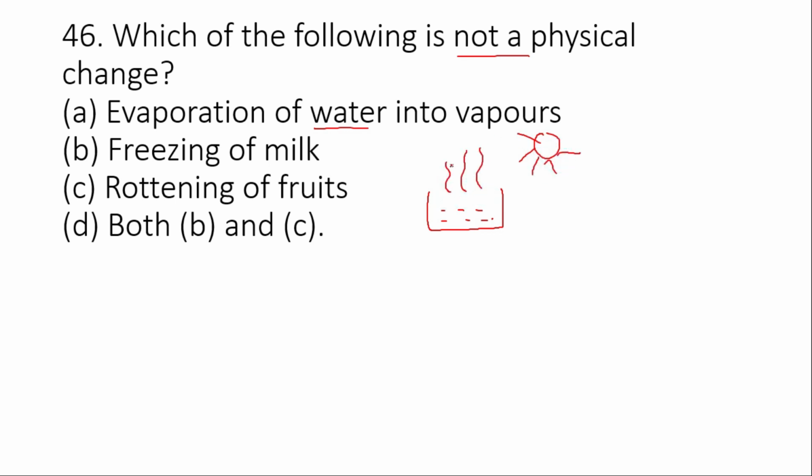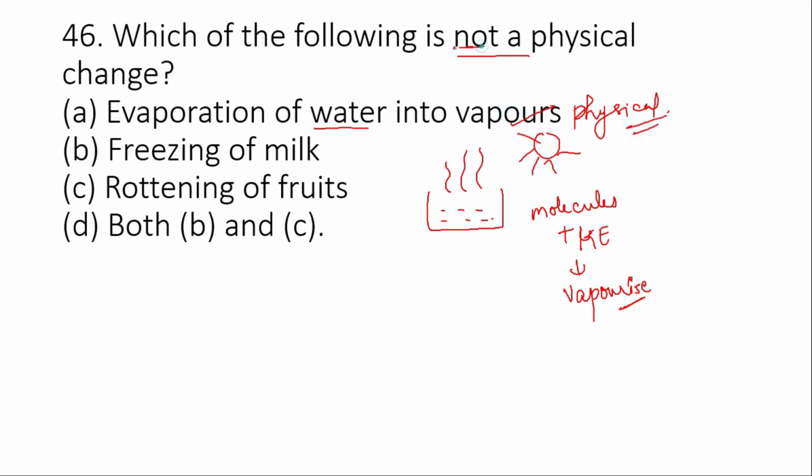If evaporation occurs, basically the molecules are gaining kinetic energy, and due to which they vaporize, right? So is there any formation or breaking of a bond? Answer is no. So that means this is a physical process, right? It is not a chemical process.